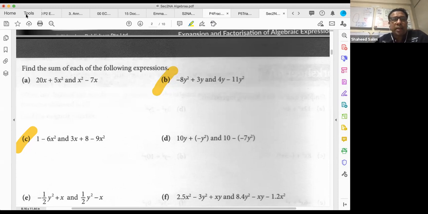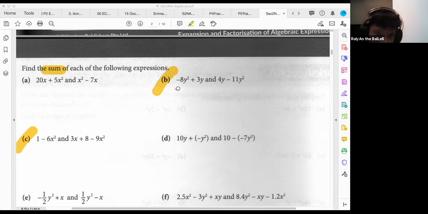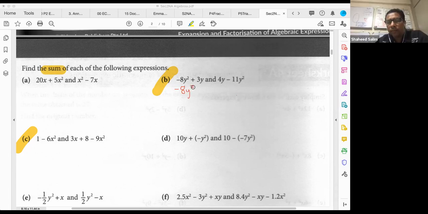Okay, Ryan, this one they ask you for addition, sum. Sum means you plus, you don't minus. So now you do it like that: minus 8y squared plus 3y. Then you plus this one. Actually, you have to plus like that.